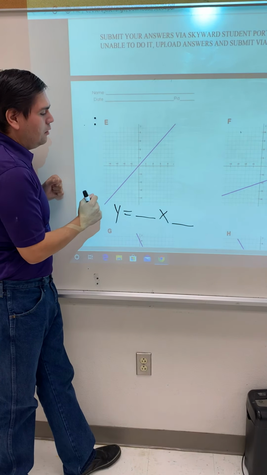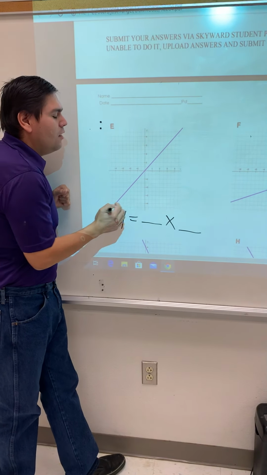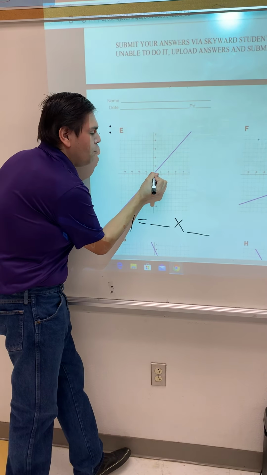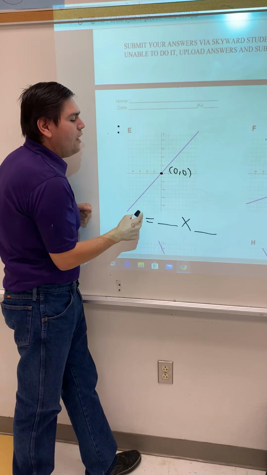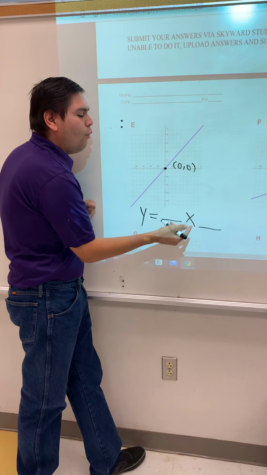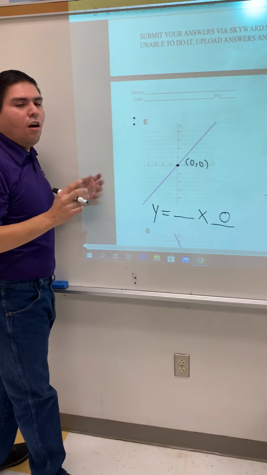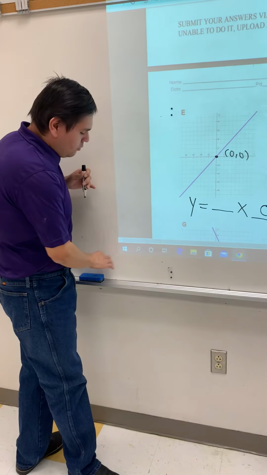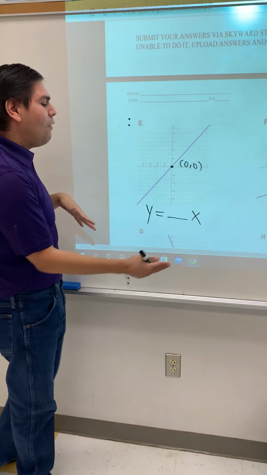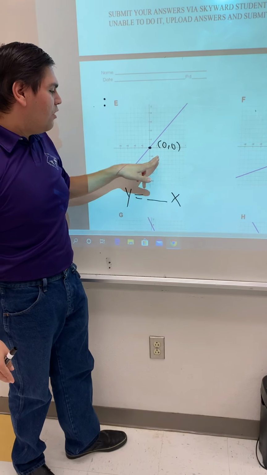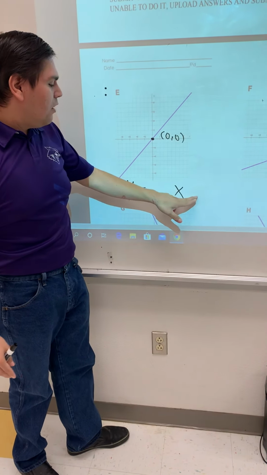If you look, this particular line does have a y-intercept, but it crosses it at a very special point, which is the origin. So the y-intercept here in this particular graph is the origin, which is 0. So because it's at the origin, honestly, you don't even have to write it. It's understood that the y-intercept is the origin, so you don't have to do anything with that.